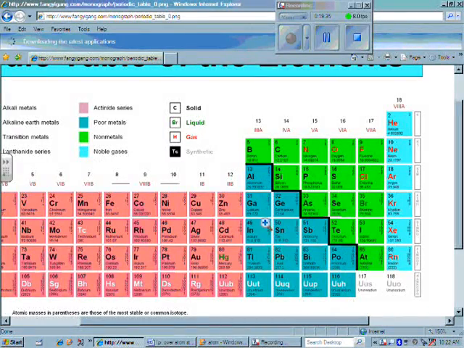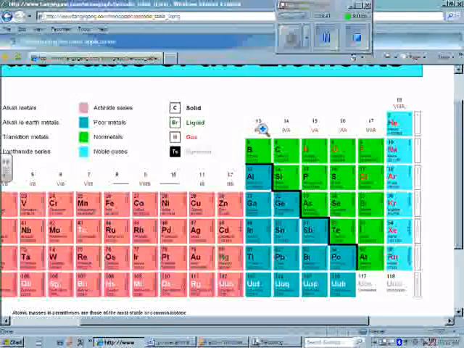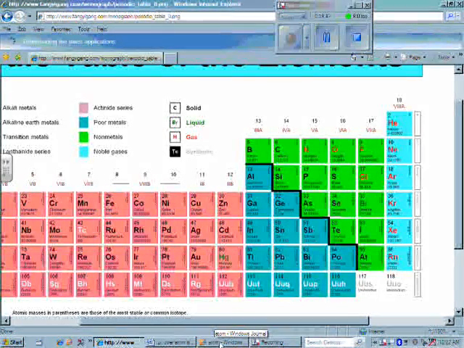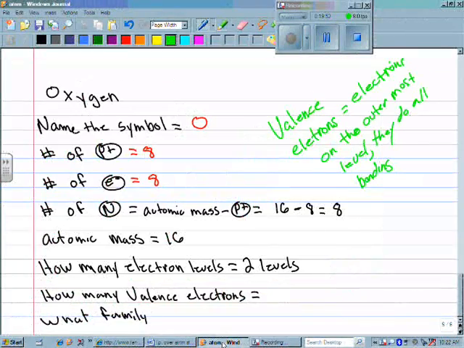If it was over here in this column, how many valence electrons does this column have? Well, they would only have 3. They're in column 13. Okay? So oxygen is in 16, so it only has 6 valence electrons. Then the last thing is what family.